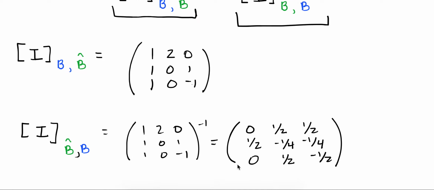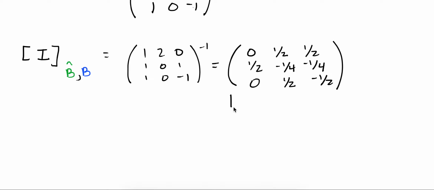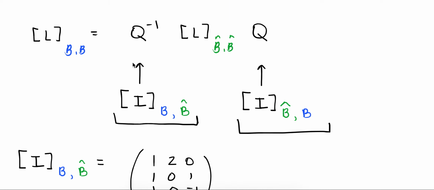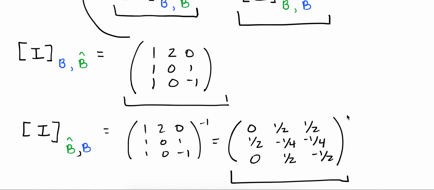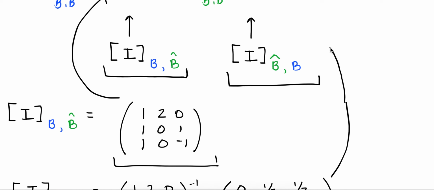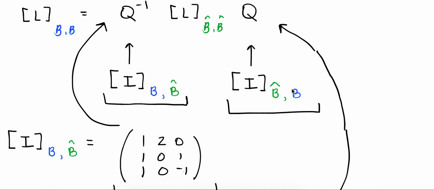But once you have the inverse, then you see that this matrix here goes here, and then this matrix, let me move it up, goes here. Maybe we can write it all as 1. Let's do that.